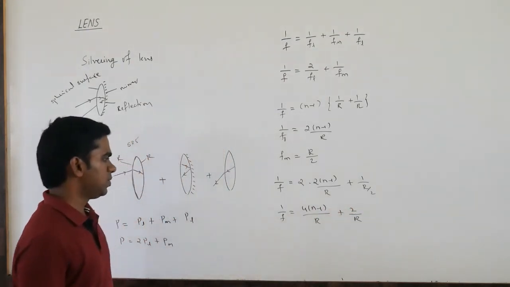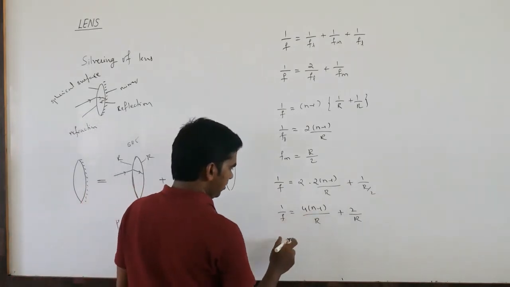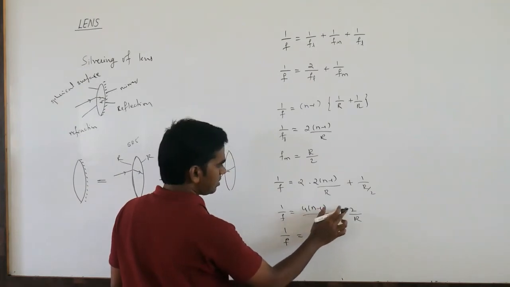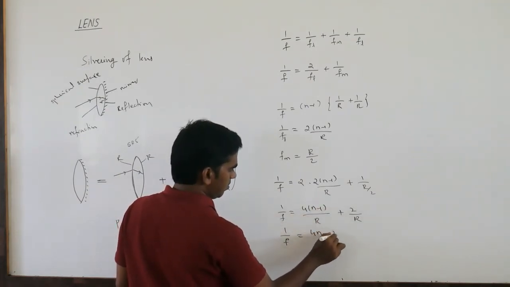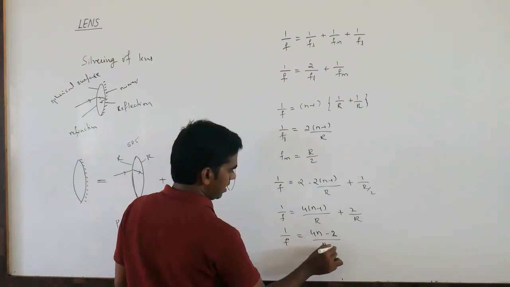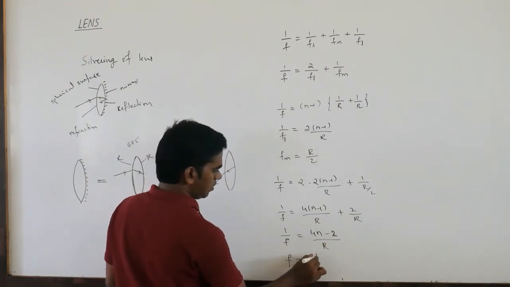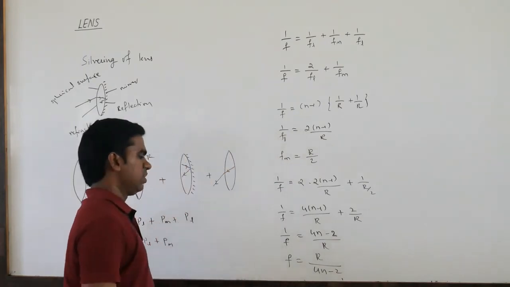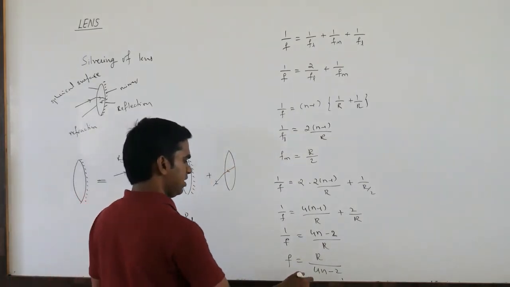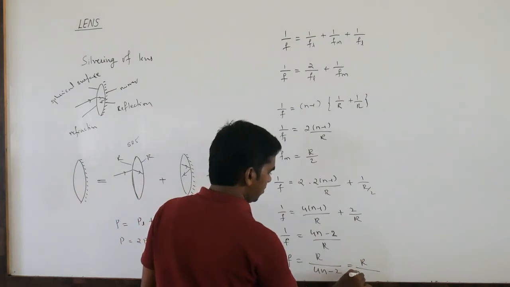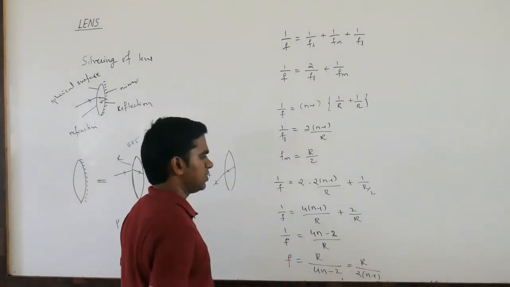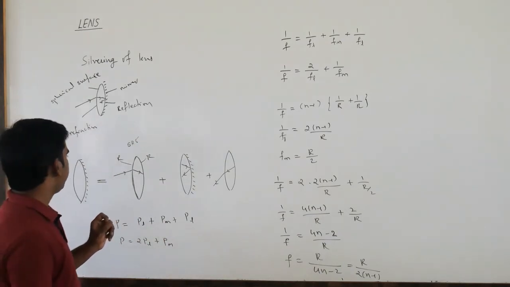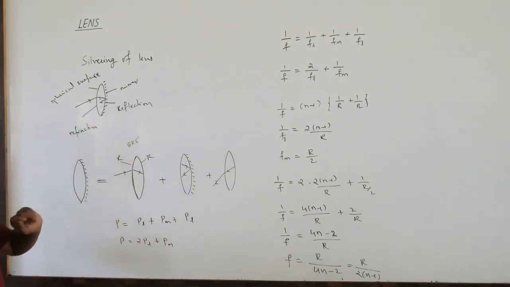If you calculate, 1 by f equals (4n minus 4 plus 2) divided by r, so it will become (4n minus 2) divided by r, or focal length equals r divided by (4n minus 2). Or you can take 2 outside and write it as r divided by 2(2n minus 1) also. So this is how we can calculate the focal length of the lens which is silvered.